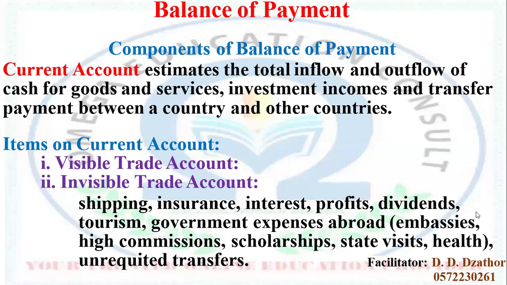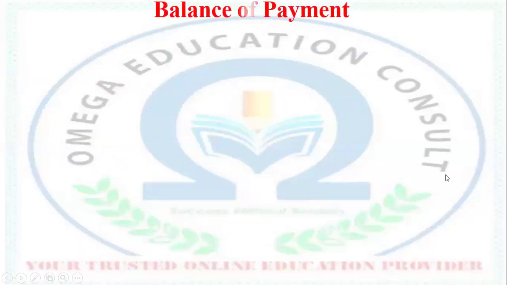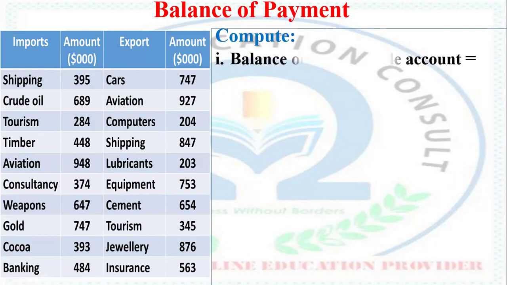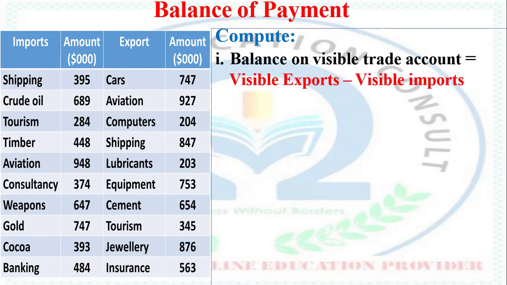That said, let's look at this table. On this table, we are going to compute the balance on visible trade accounts. And the formula for computing the balance on visible trade accounts is the value of exported goods minus the value of imported goods.